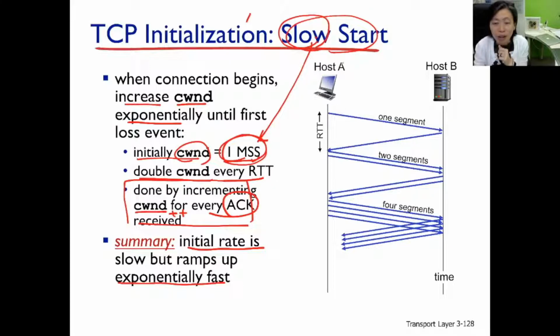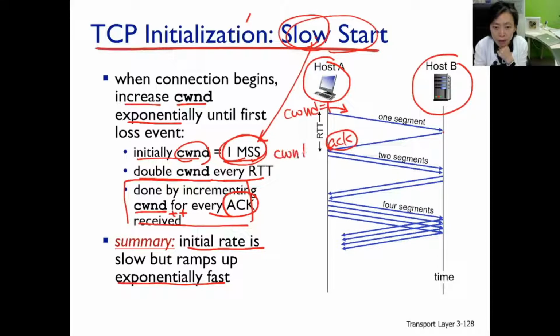Okay, so look at the illustration I have on the right. A is the sender, B is the receiver. A originally in slow start has a CWND of 1 MSS. That data packet will go, and the receiver will send an ACK back. Host A, the sender, receiving an ACK will do what? CWND plus plus, and the increment is 1 MSS. As a result, it was originally 1, now 2.